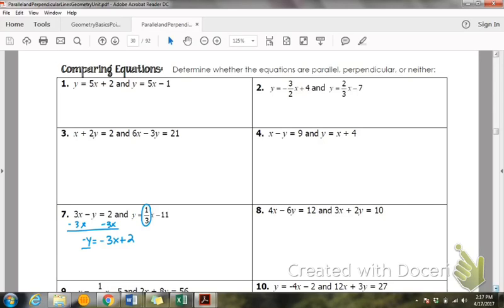We'll go ahead and divide by negative 1 on each term. And I get y equals 3x minus 2. So if I'm looking at this, I have 3, and I have negative 1/3, but those aren't opposite reciprocals. They are reciprocals, but they're not opposite signs. So these two lines would be neither.